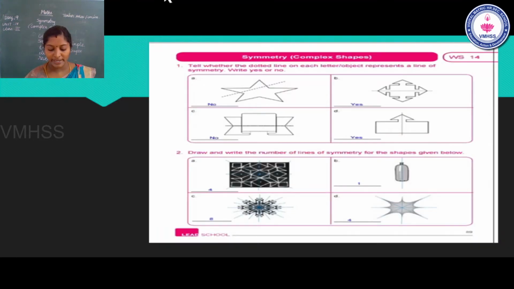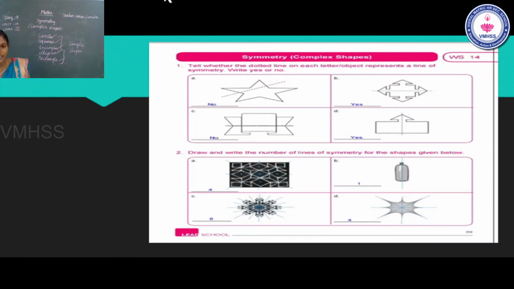So now students, take your Max workbook, take page number 89. Students, listen. Page number 89, symmetry, complex shapes. Okay, worksheet number 14.